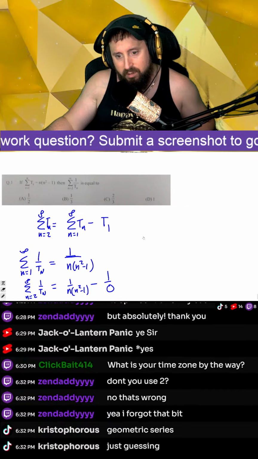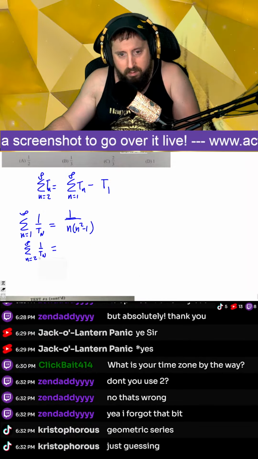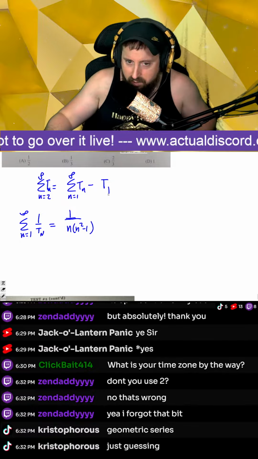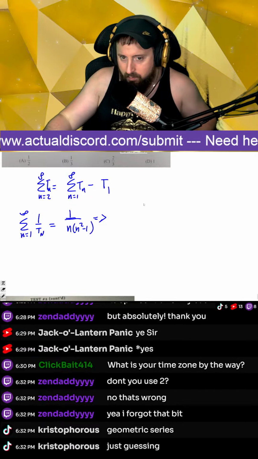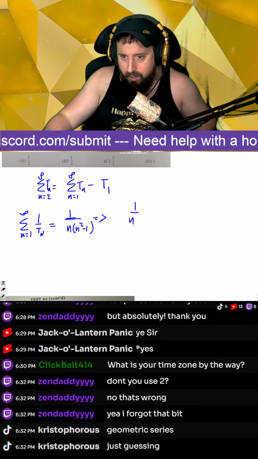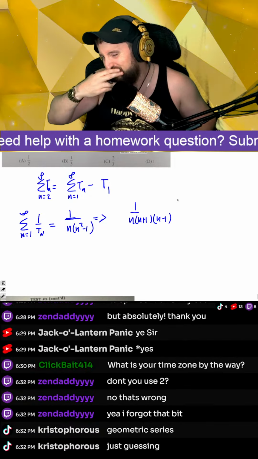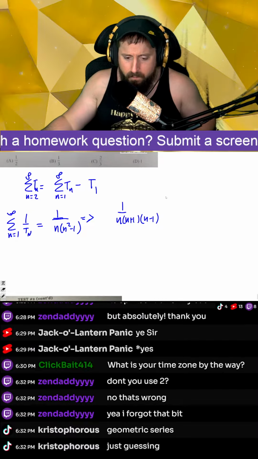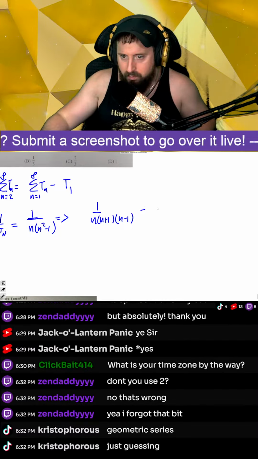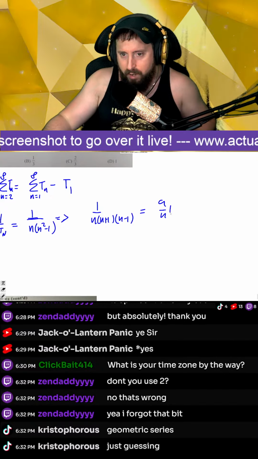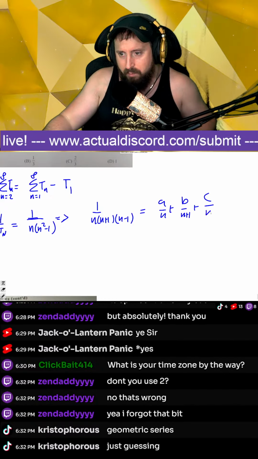Yeah, geometric series. Okay, I'm tempted to rewrite this out, right? I'm going to write this as 1 over n plus 1, n minus 1 maybe, right? Which is equal to a over n plus b over n plus 1 plus c over n minus 1, right?